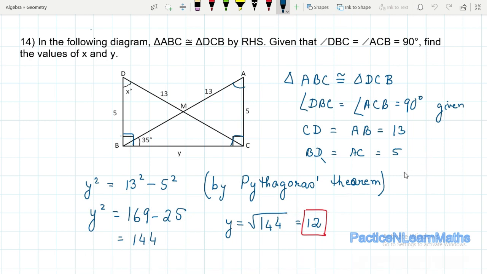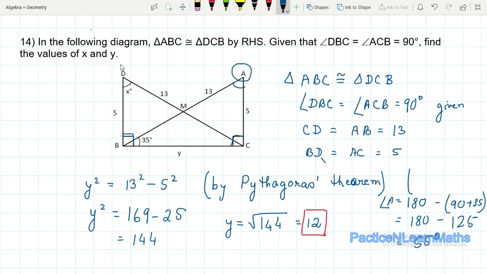Now, to find the value of x, we have to find out the value of angle A, this angle. Now, angle A is equal to 180 minus 90 plus 35, which is equal to 180 minus 125, which is equal to 55 degrees.